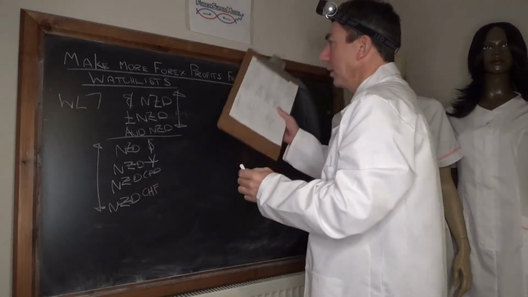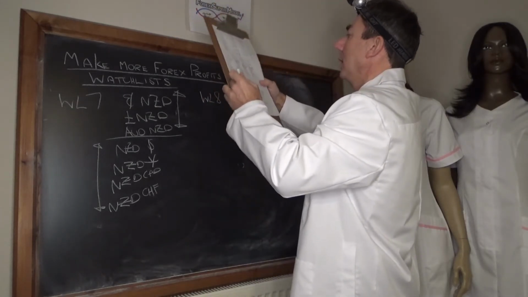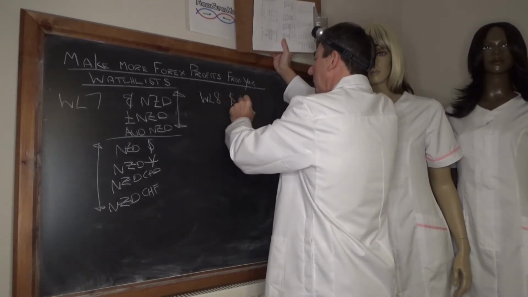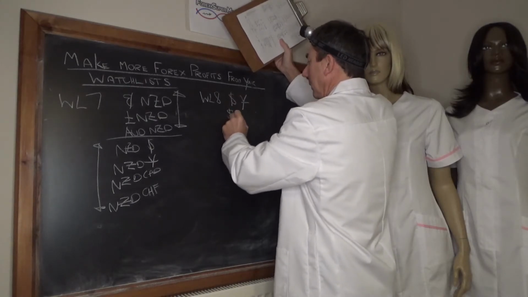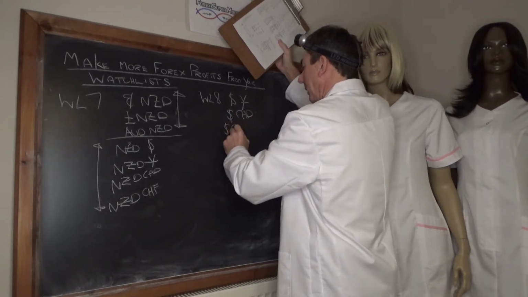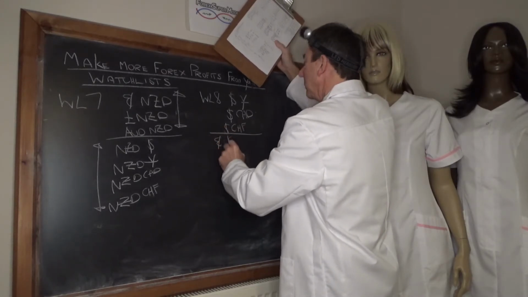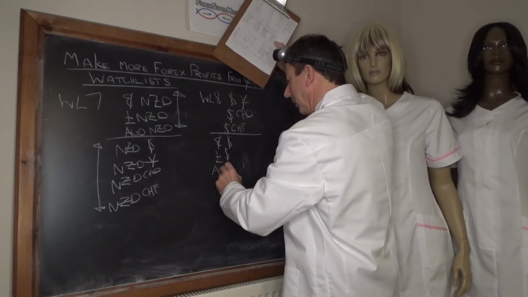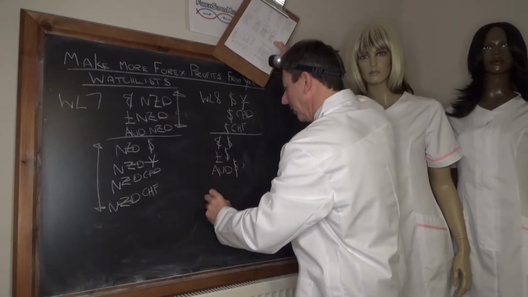So finally on the Forex side of things, it's watch list 8, which is the dollar. So we've got dollar yen, dollar CAD, dollar Swiss franc, and then euro dollar, pound dollar, AUD dollar, and finally NZD dollar.